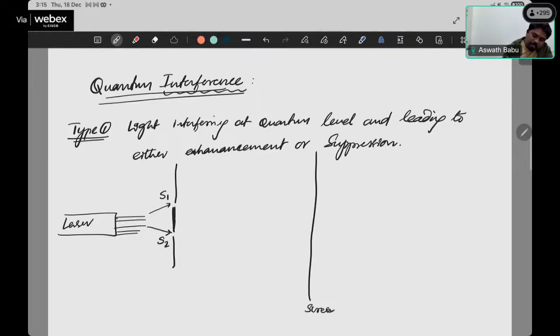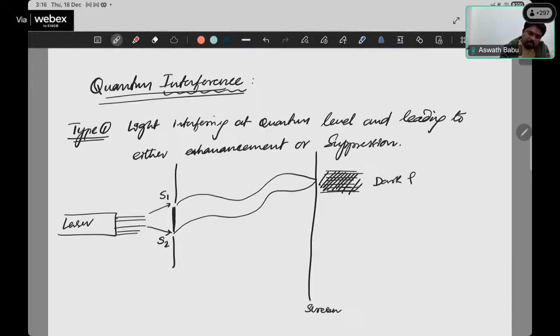Light coming from slit 1 hits the screen, and light from slit 2 hits in the opposite direction, meaning opposite phase. If they meet at the screen out of phase, I see a dark fringe there.